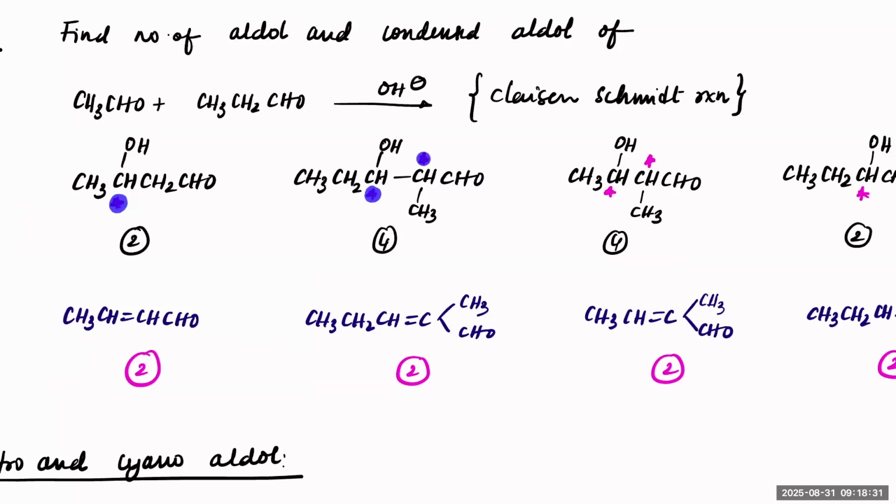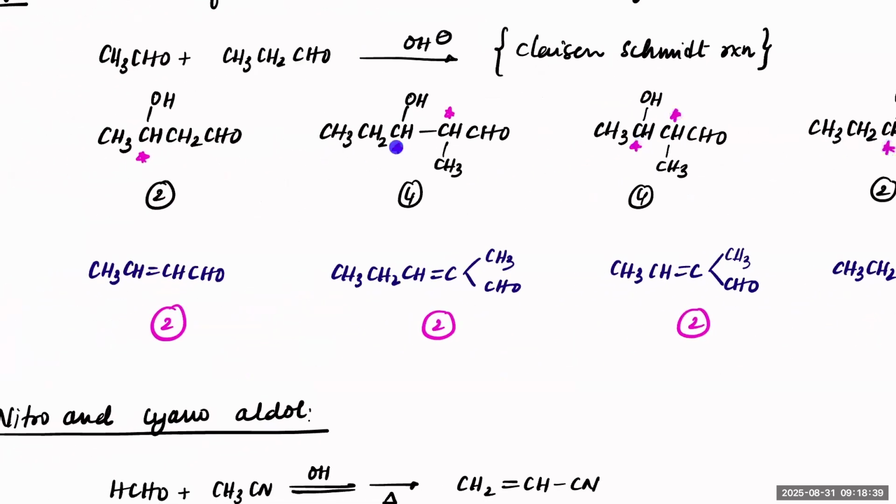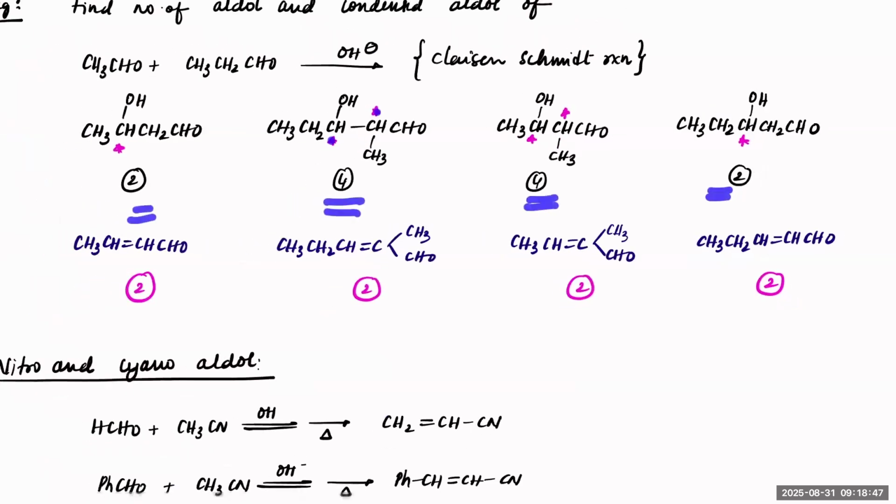In the second case there are two chiral centers. Third case also there are two chiral centers. And fourth case I have one chiral center. If there are two chiral centers, that means four products are possible. Four here, and two here. Total 12 aldol products are observed. Right, beta? We can see 12 aldol products.